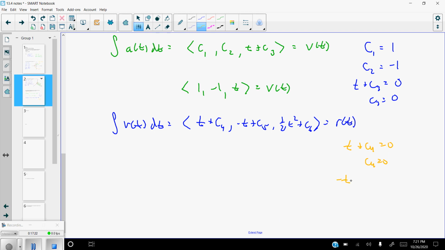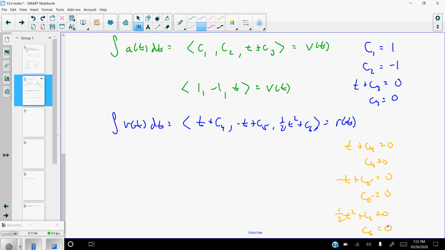We know that -t plus c5 has to equal 0, specifically when t is 0. So c5 also equals 0. And as you might guess, 1/2 t squared plus c6 has to equal 0 when t is 0. So c6 also equals 0.